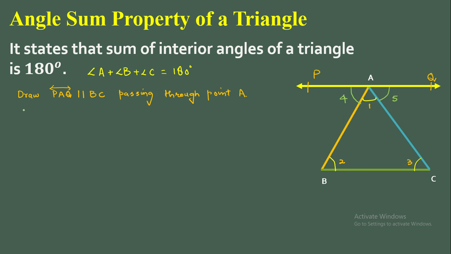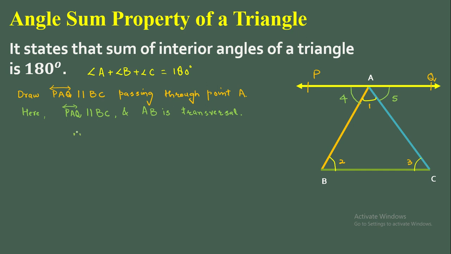We can see here that this PAQ is parallel to BC, and if we consider AB as a transversal, then angle 4 and angle 2 are alternate interior angles, and we read in one of our previous tutorials that when a transversal intersects two parallel lines, then alternate interior angles are equal.